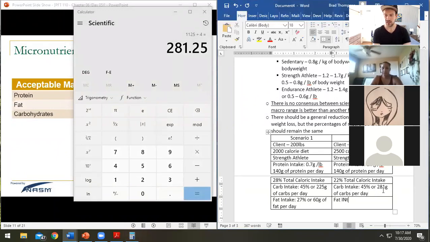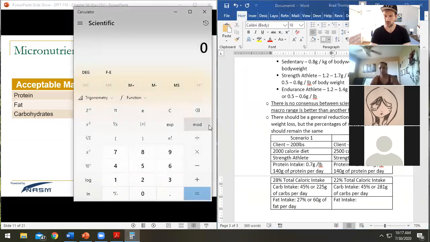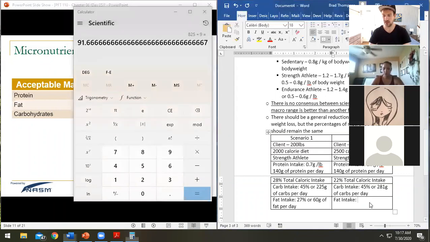Right, fat intake, 22 plus 45 is 67, minus 100, 33, so 25... 825 grams, cool. All right, fat intake is 23%, or 91 grams per day.